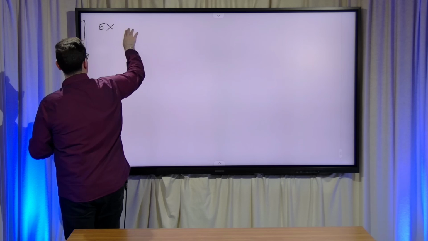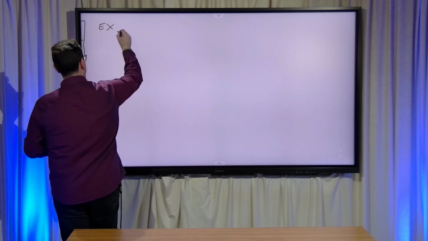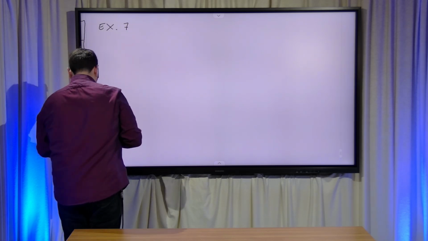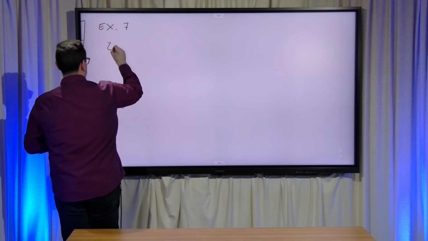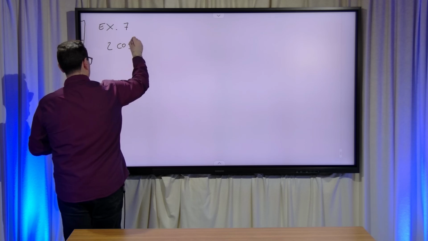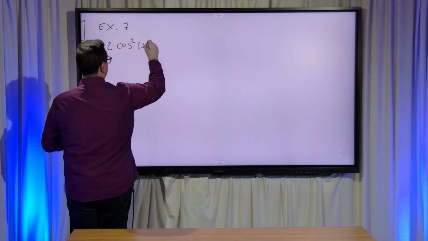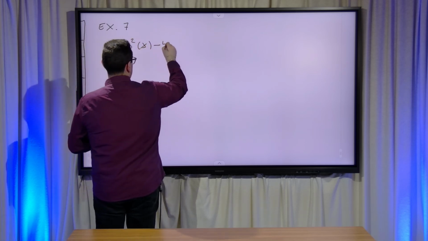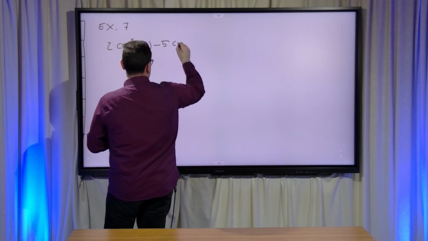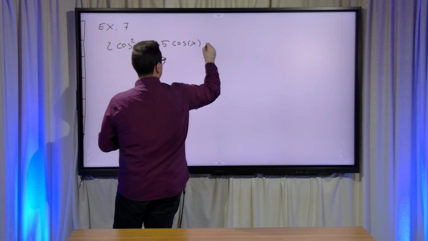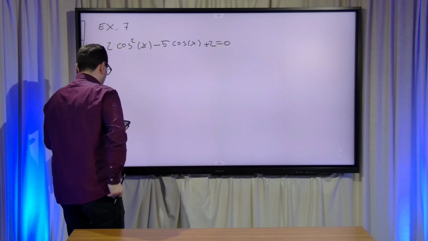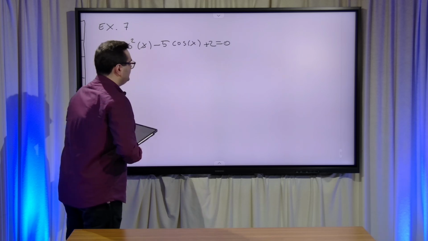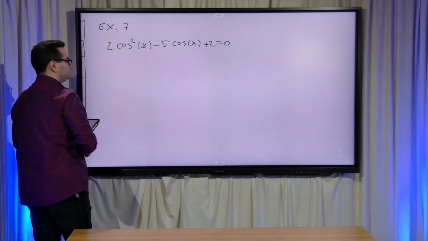Exercise 7. Okay, I have a second order equation in cosine, so 2 cosine squared of x minus 5 times cosine of x plus 2 equals 0. Okay, so this is a second order equation.